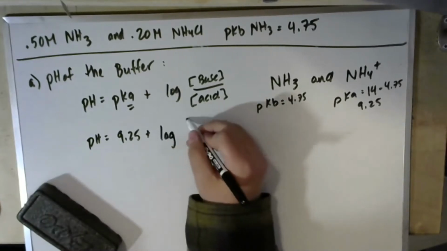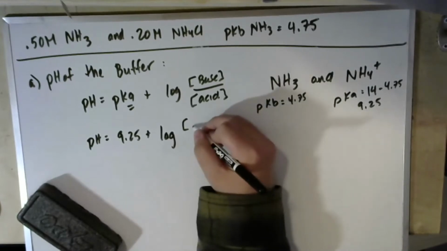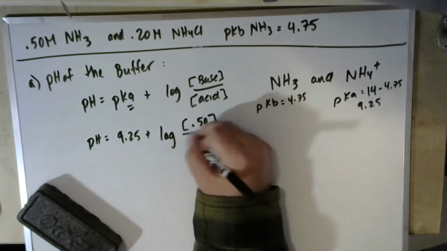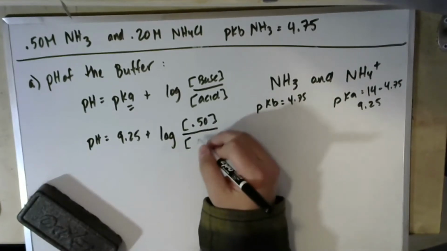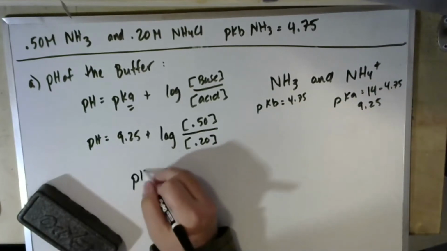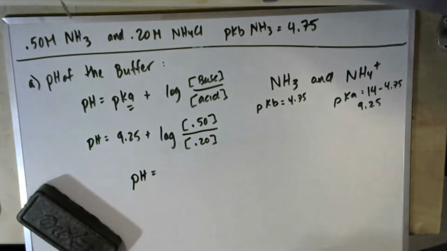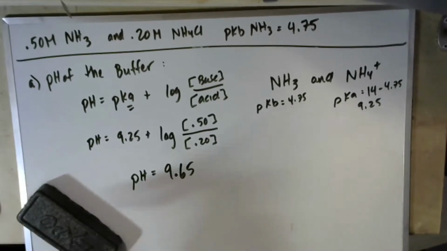So the log of your base, and your basic component is going to be the ammonia, the NH3, over the acid component, which is going to be the ammonium ion. Right, so the initial pH of this buffer is going to be 9.65.